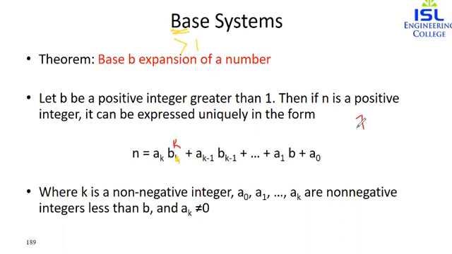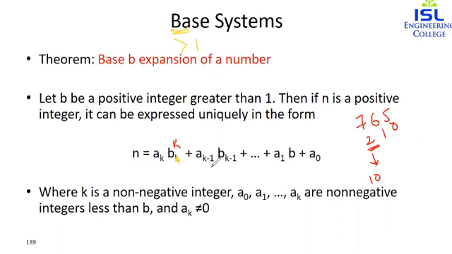If you have the number 765, this is your 0th term, first term and second term. The second term will be multiplied by that power of the base only. So if we take base 10, then we multiply 7 with 10 square.